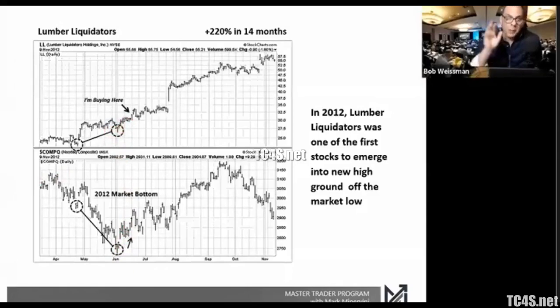Now, I'm talking about bases and some terminology, and you may not even know what we're referring to at this point. We're going to cover all this. We're not assuming that you know what these bases are and this terminology. Right now, we just want to show you the comparison of the stocks versus the market.